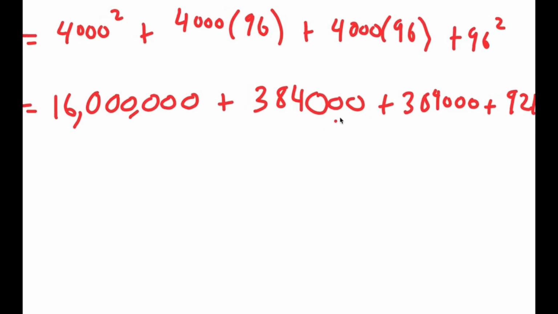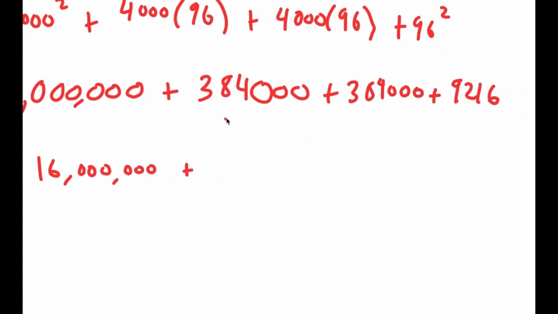So now all we have to do is add all of these up, which is fairly simple. So I get 16 million plus, let's first start by adding up 384,000 plus 384,000. So that's going to be 768,000 plus 9,216.